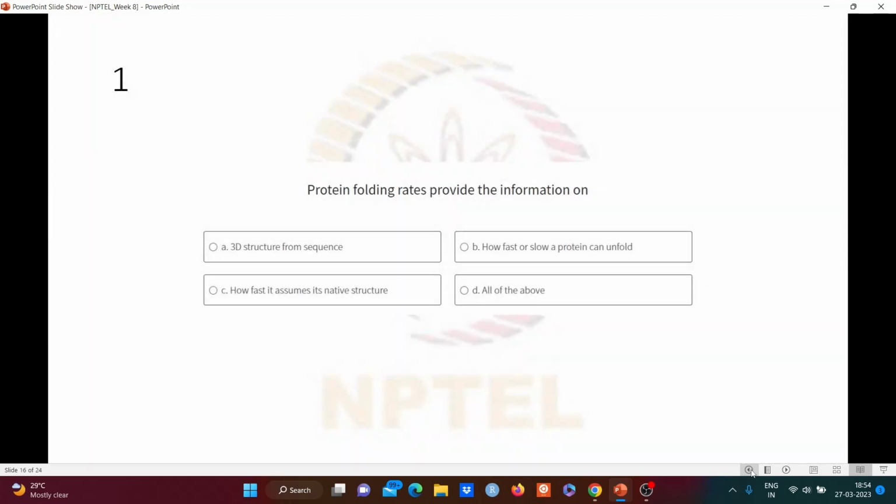Okay, the first question in this sample solving session for today is: protein folding rates provide information on which of the following? We are doing the first question in the problem solving session.